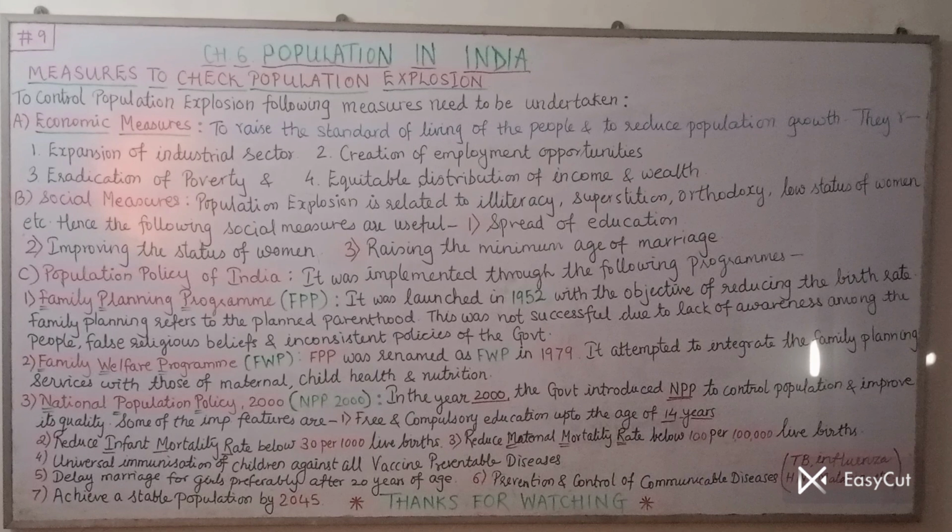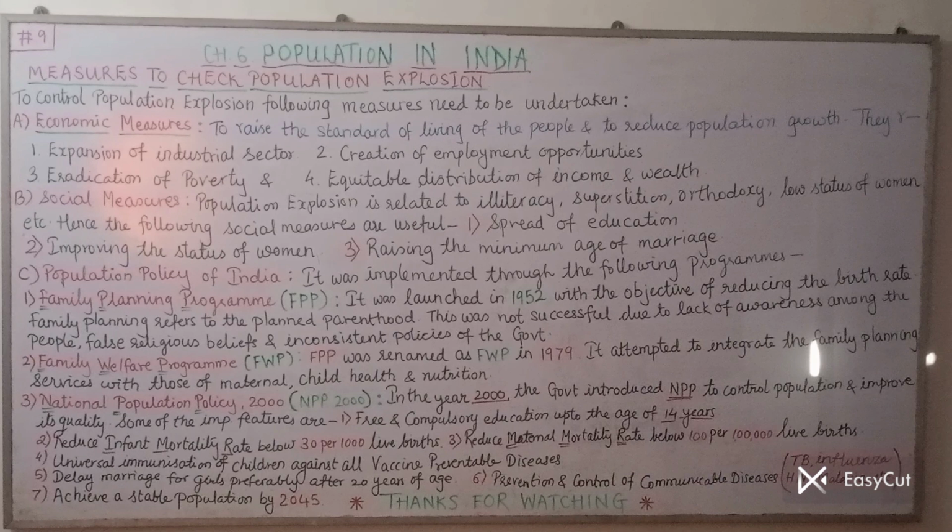Second one, social measures. Social means in connection with society, what all things can be done. Basically what happens is population explosion is related to illiteracy, superstition, orthodoxy.